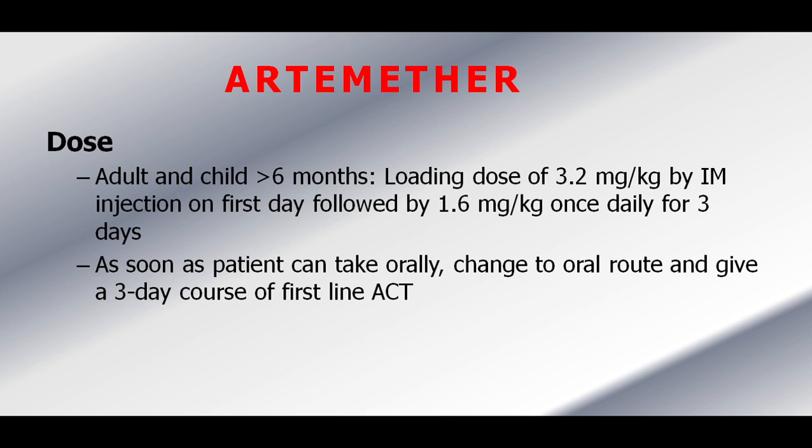So what is the dose? In adult and child greater than 6 months, you give a loading dose of 3.2 mg per kilogram body weight by IM injection on first day, followed by 1.6 mg per kilogram body weight once daily for 3 days.